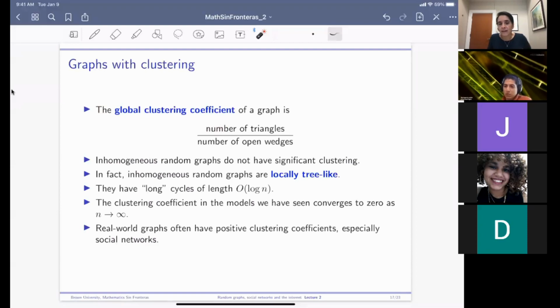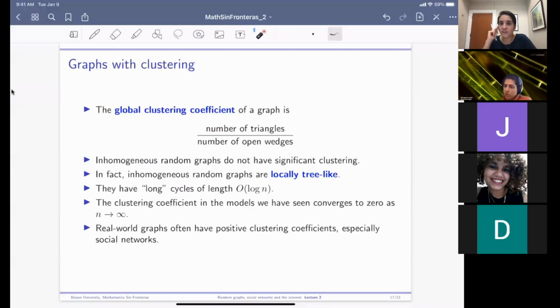So clustering coefficients that are not 0 are rather typical, and none of the models that I talked about right now has any significant clustering. As a matter of fact, under the large graph limit, the clustering coefficients for the models as I wrote them are 0 in the limit.